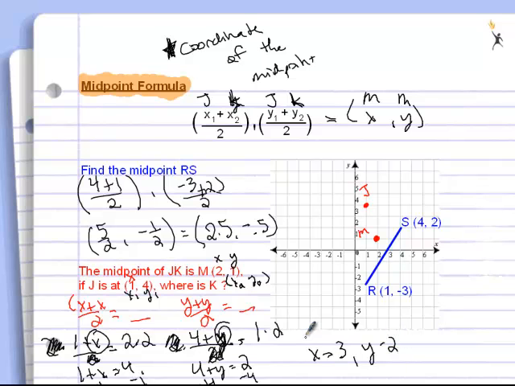That tells me that the x, y of K is at 3, negative 2. And so if I draw line segment JK, M is indeed the midpoint.